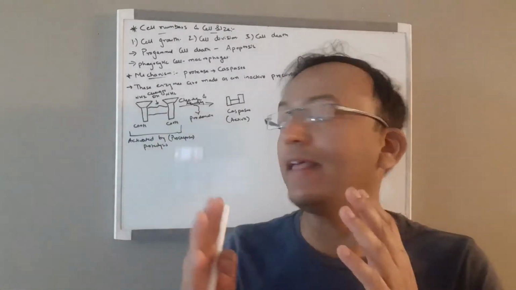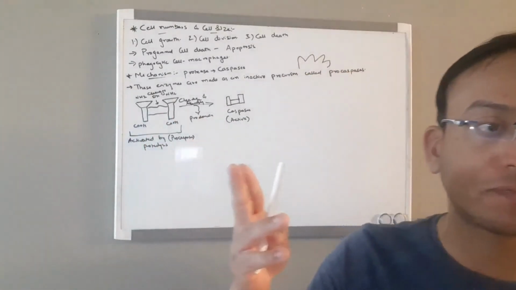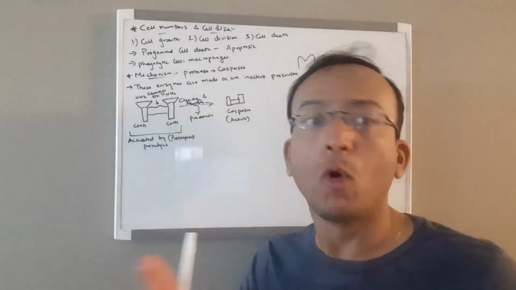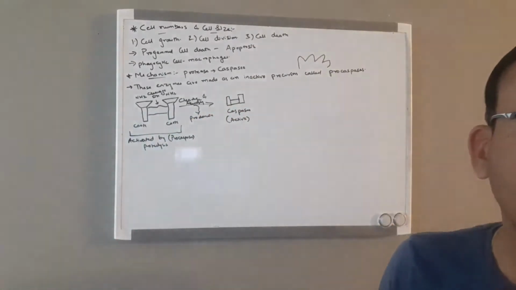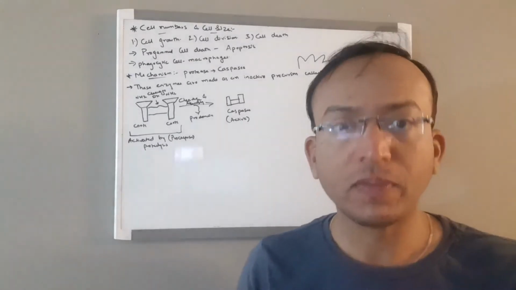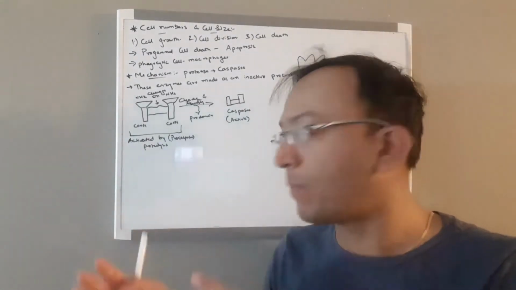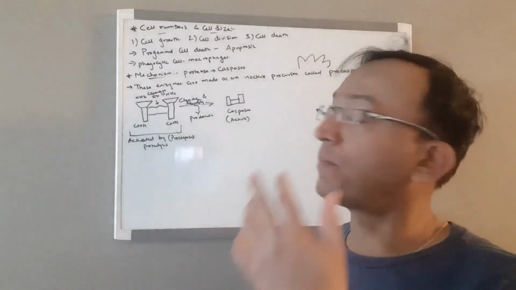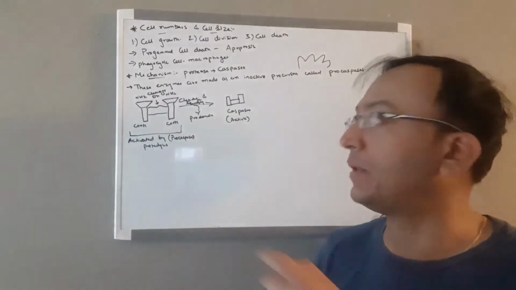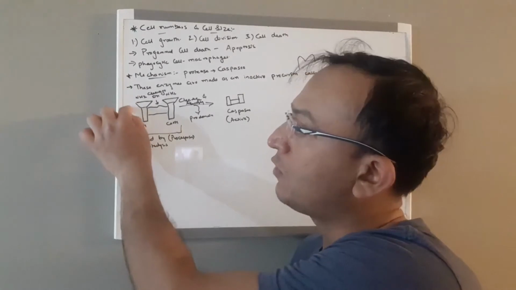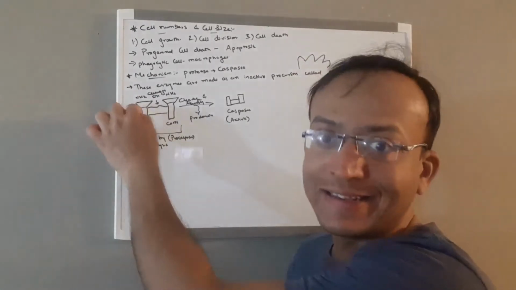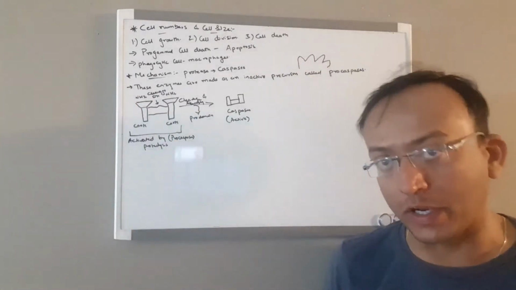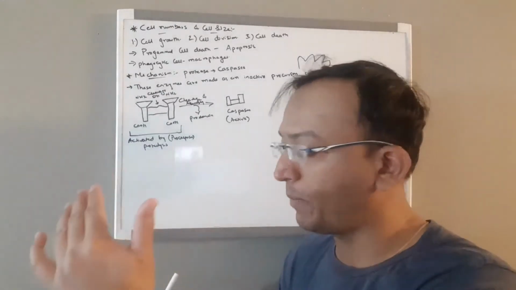When cleaving or splitting of the protein is involved, the prefix pre-protein means the N terminal, the amino terminal, is cleaved during secretion, right? That is the pre-protein.